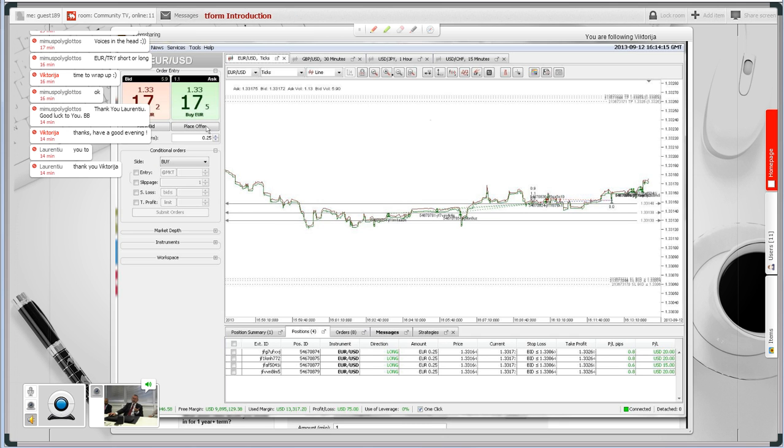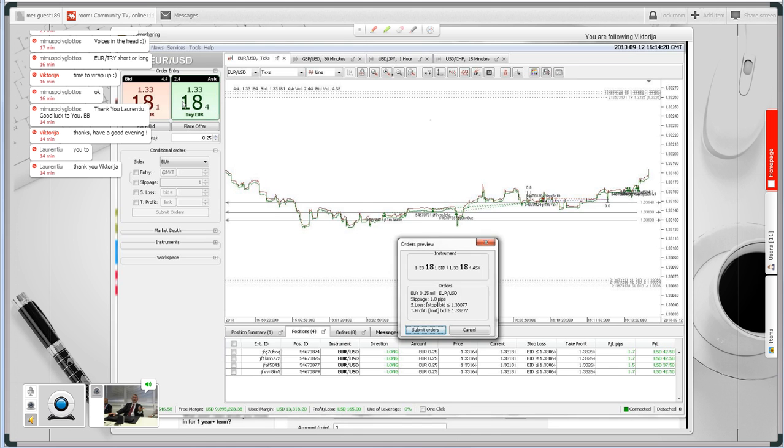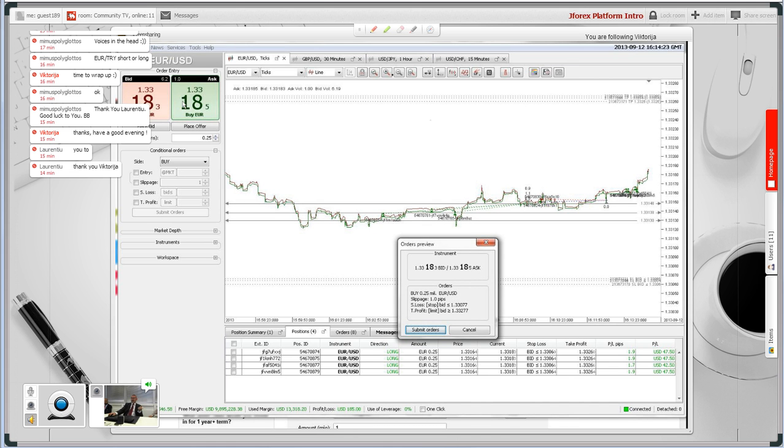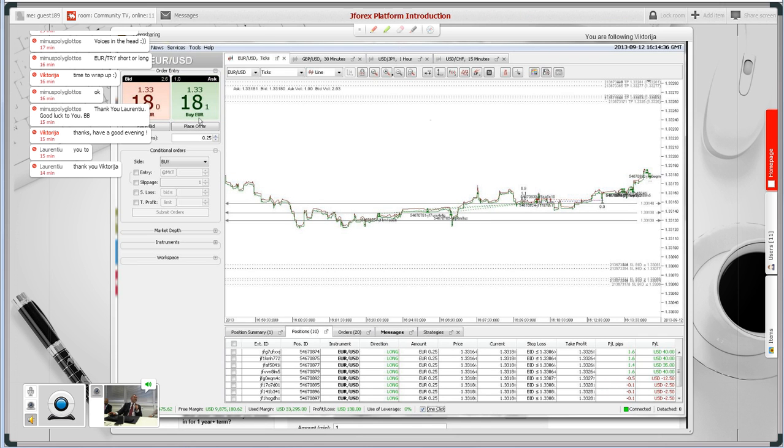If I deselect this one click, I can click here, re-click, re-click. No, I cannot trade several times. And I say, okay, the bid is here, the stop loss, the take profit, submit orders, that's done. But if I select this one click and I click, click, click, click, I have entered every time this 250,000 trade.